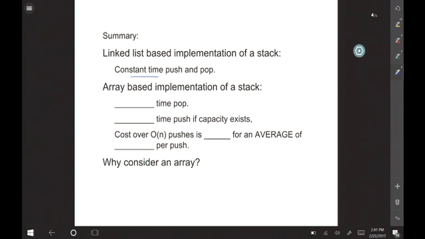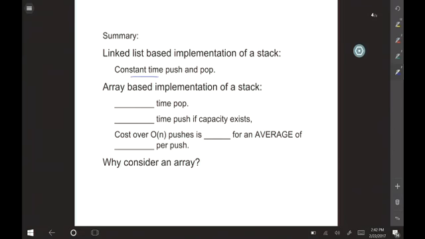If you're having a hard time falling asleep at night, think about it. You'll fall asleep quick. All right, but for our purposes in this moment, we've argued that using a singly linked list, where all the action happens at the head of the list, we have constant time push and pop, okay?